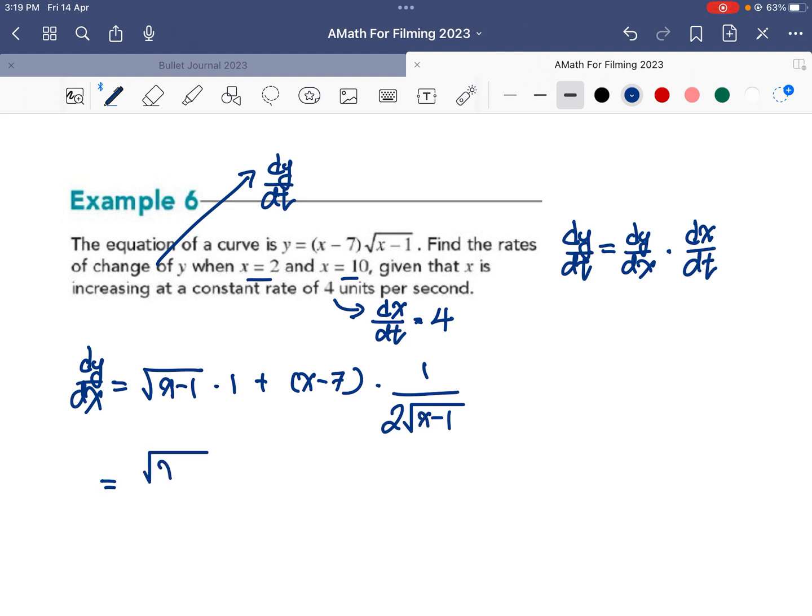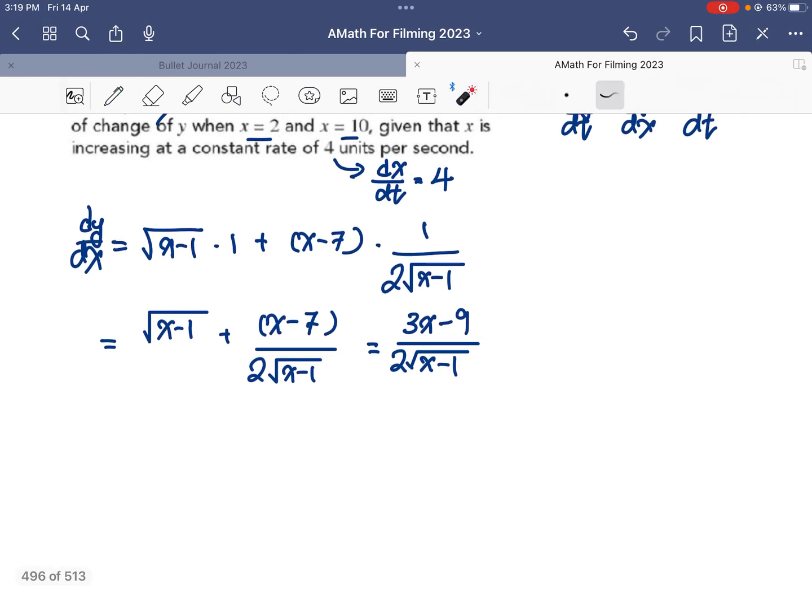If I simplify, I get root of x minus 1 plus (x minus 7) over 2 root of x minus 1. You can leave it in this form, it's perfectly fine, but in this case I choose to simplify and combine into a single fraction. Now I have my expression for dy/dx.